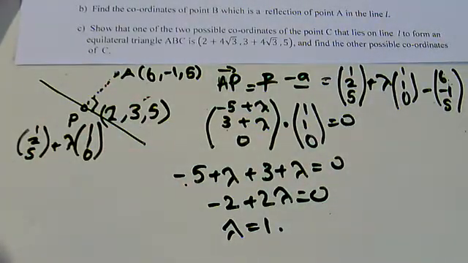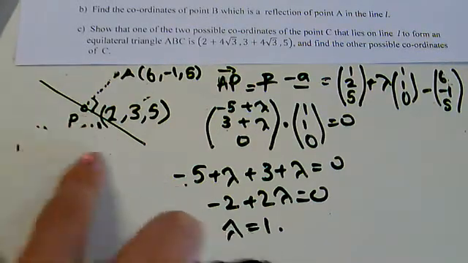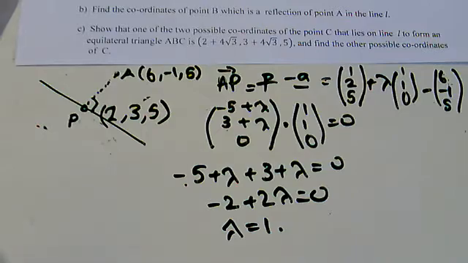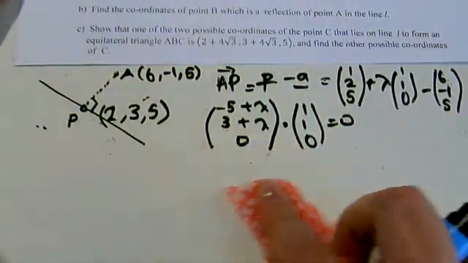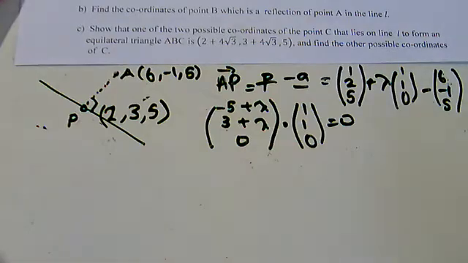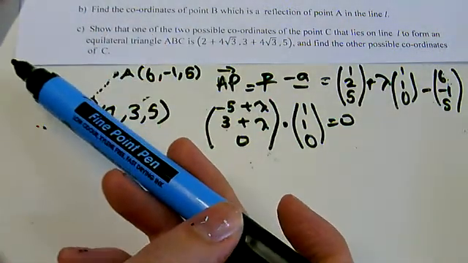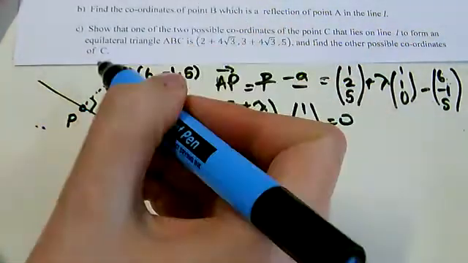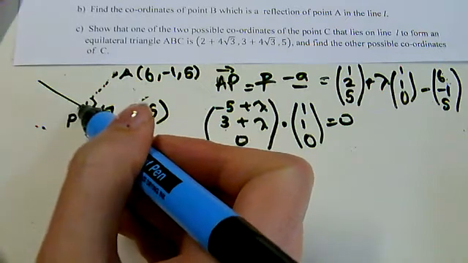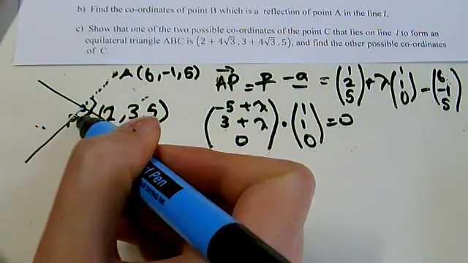Okay, I'm going to keep using this diagram, so if I get rid of this little bit of working to help us out a little bit. So if this is a mirror line and we're reflecting the point A in this line, because this is perpendicular, the reflection is going to come out perpendicular as well.